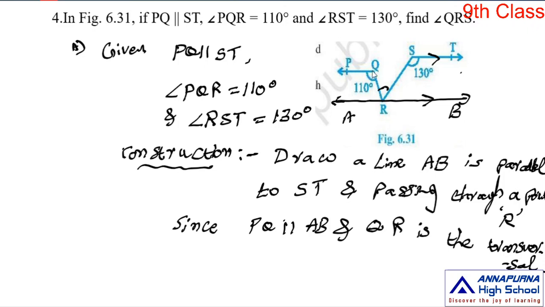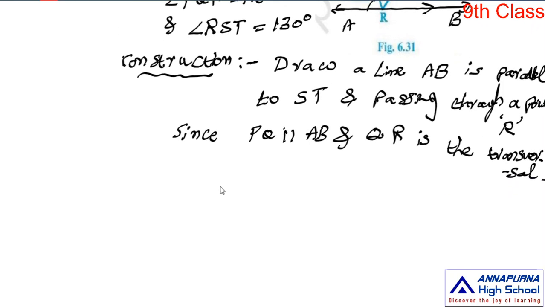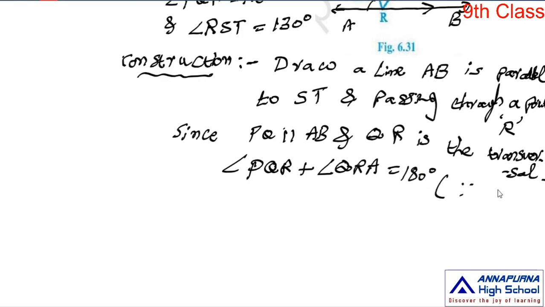Angle PQR and angle ARQ are co-interior angles whose sum is 180 degrees. Angle PQR plus angle QRA is equal to 180 degrees, since co-interior angles.